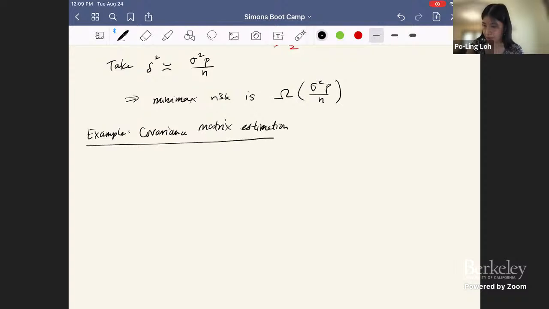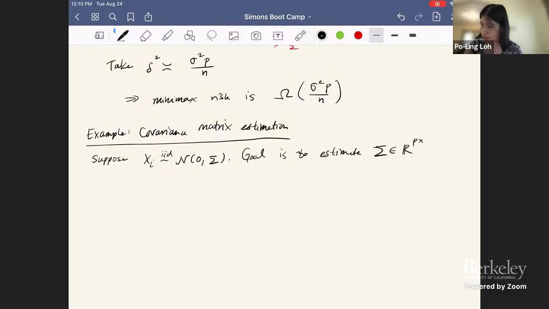So you'll see that here constructing the packing set is a little bit different. Now the problem is that we suppose that we have X_i, which is distributed iid as normal 0, sigma, and the goal is to estimate the covariance matrix sigma in R^{p by p} from the parameter space.